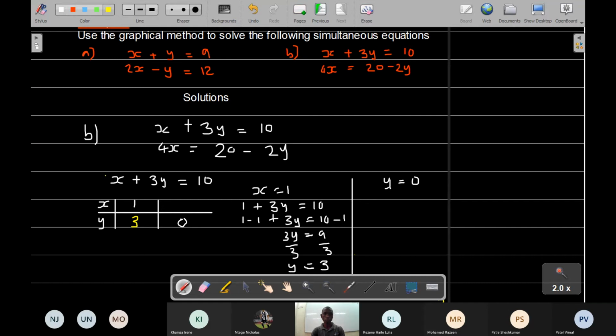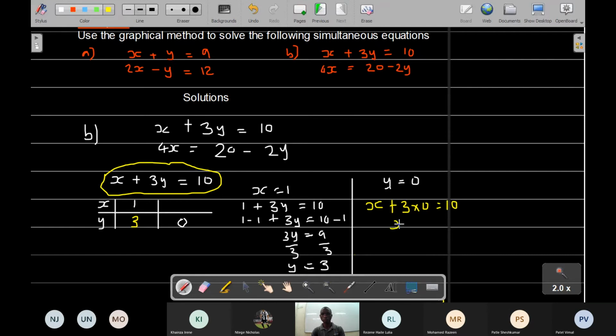I'll have x plus 3 multiplied by 0 equal to 10.